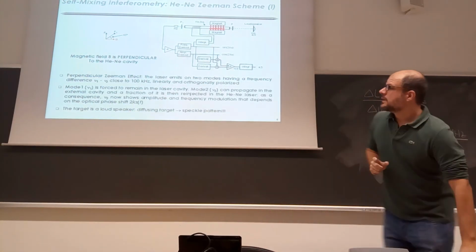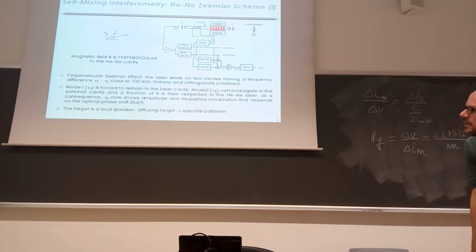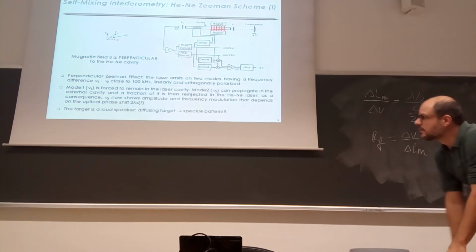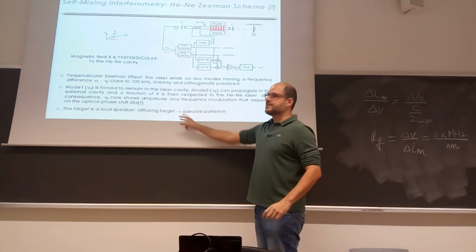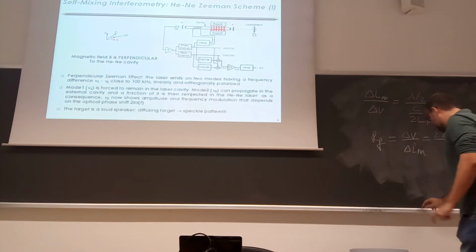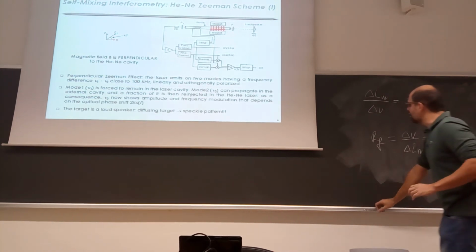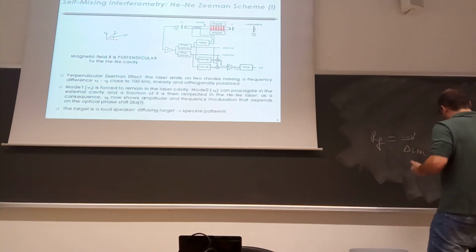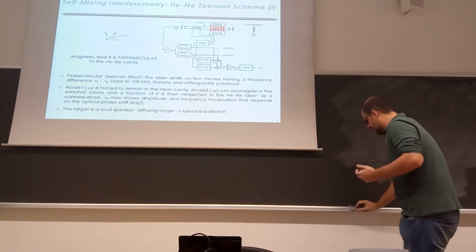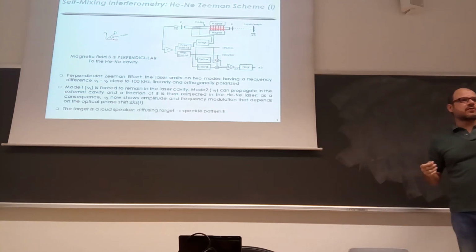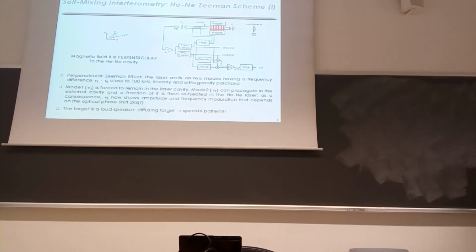Another point. We are doing the measurement directly onto a loudspeaker, so we are working with a speckle pattern distribution. Now, what happens to the number of speckles that are emitted and re-enter the cavity?